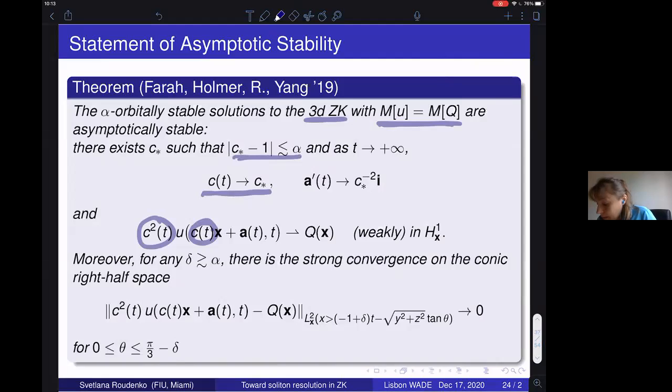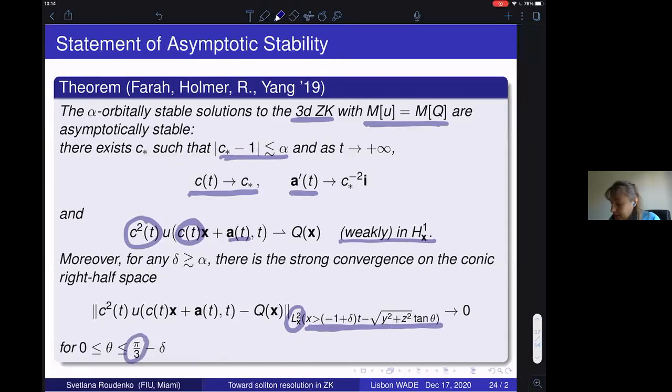Then A prime, so that's the location or the speed, will be 1 over c, in the direction of x, and it converges weakly in H1, which will be upgraded then to the L2 convergence. And then this funky thing here turns out to be nothing else but that cone with the angle pi over 3.